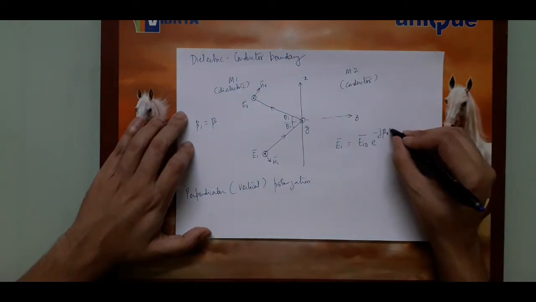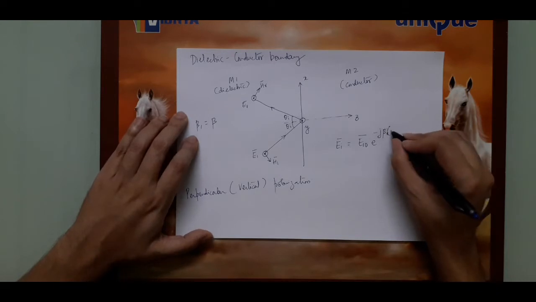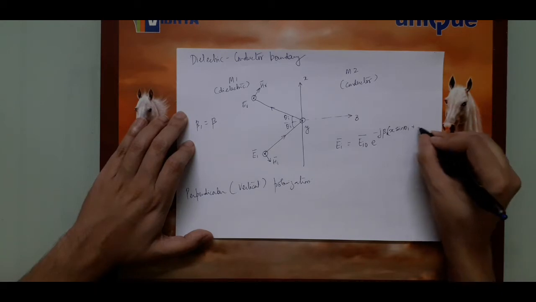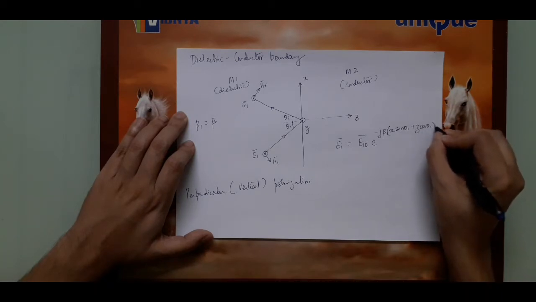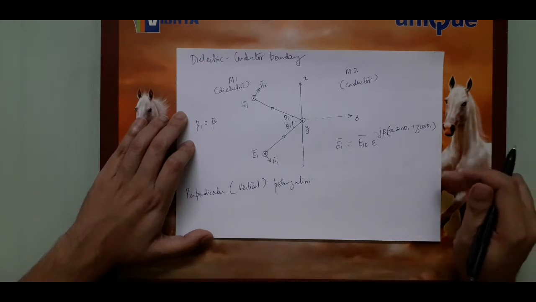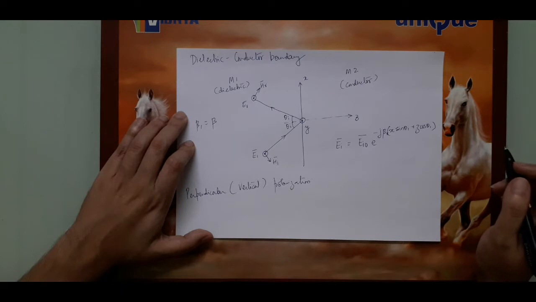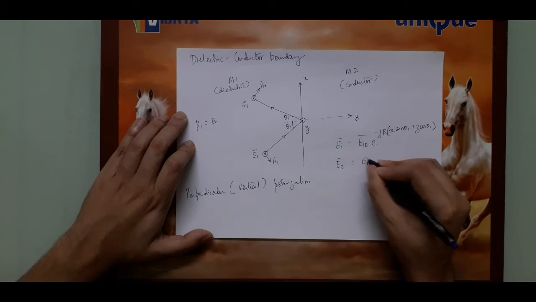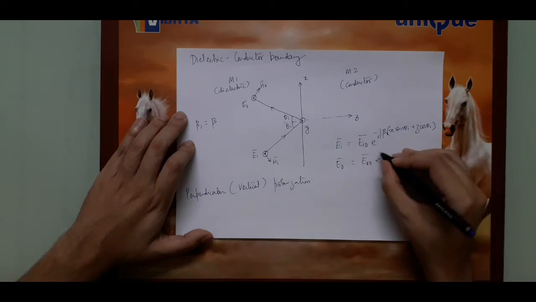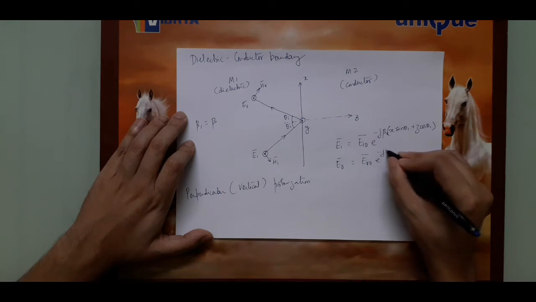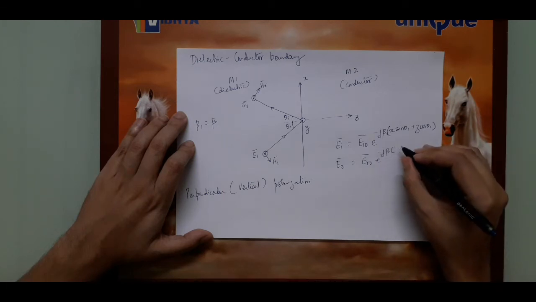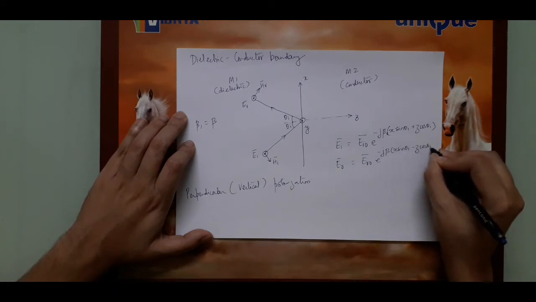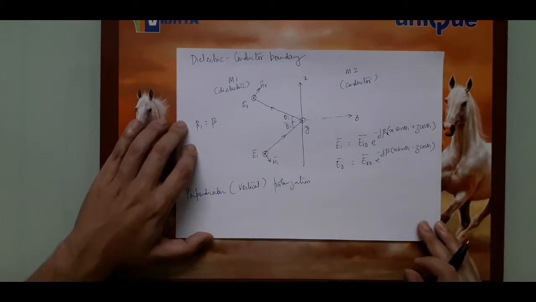So j beta times x sine theta I plus z cos theta I, this part stays the same as before, and ER will be ER0 vector times e raised to minus j beta times x sine theta I minus z cos theta I. This is what we already know.